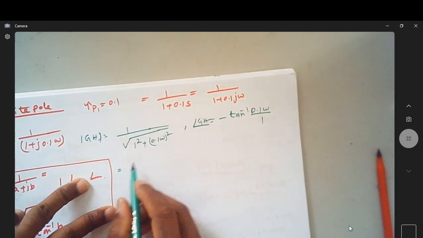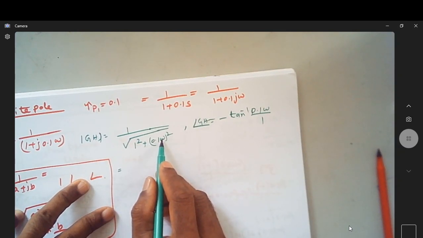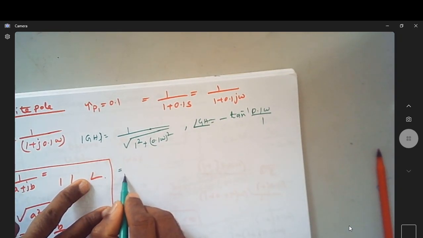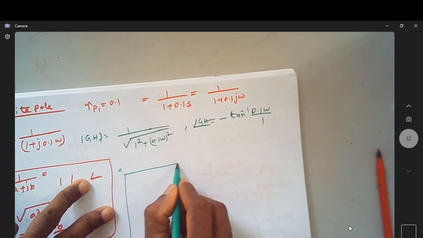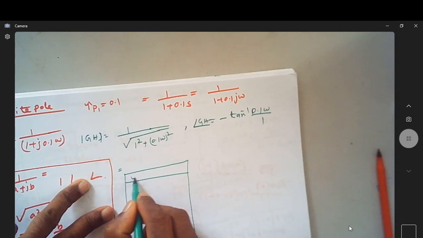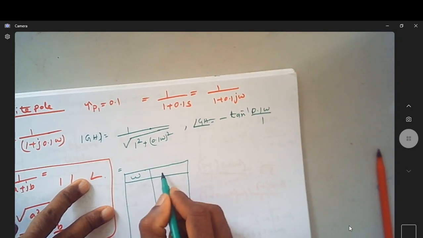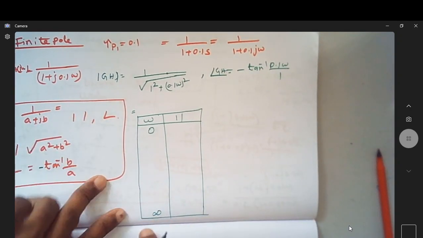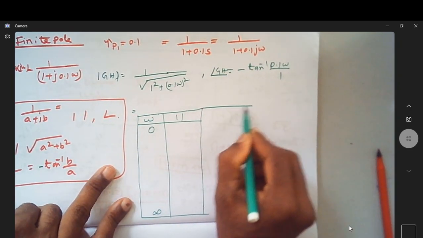So now, as we know, when frequency changes from 0 to infinity, the magnitude will also change. So we know the extreme values of omega. What are the extreme values of omega? 0 to infinity. So let me write omega here and magnitude. So extreme values are 0 and infinity. So this is the magnitude.